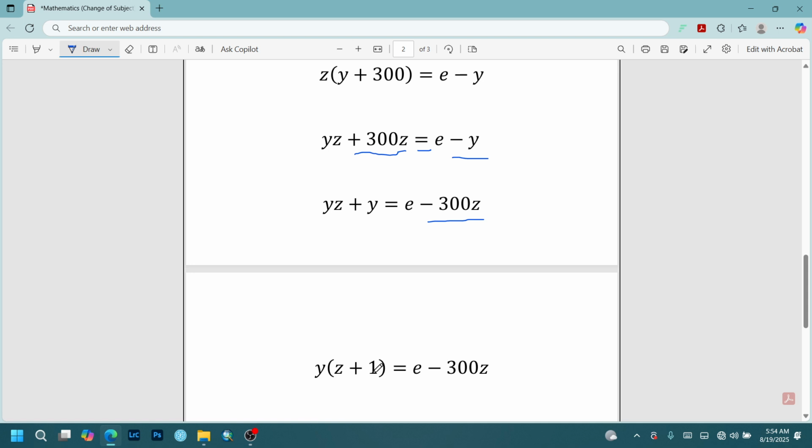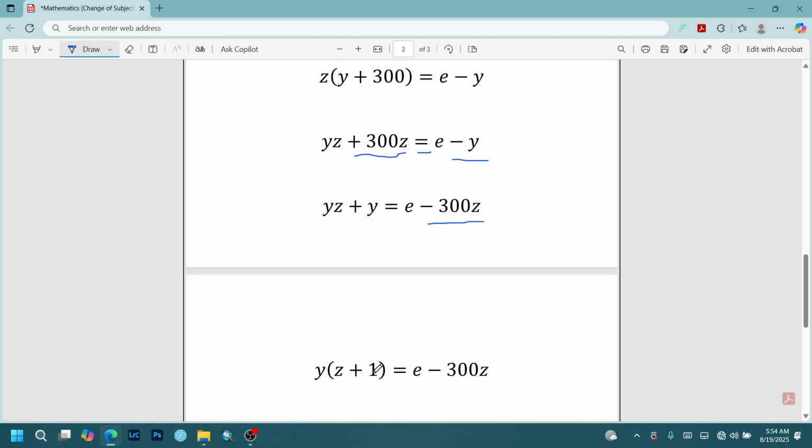So we are going to have to cancel out z plus 1 for y to be independent and stand on its own. In doing so, what you do for the left hand side of the equation, you do the same for the right hand side of the equation. That's the mathematical rule. Whatever action you take for the left hand side, you do the same for the right hand side.